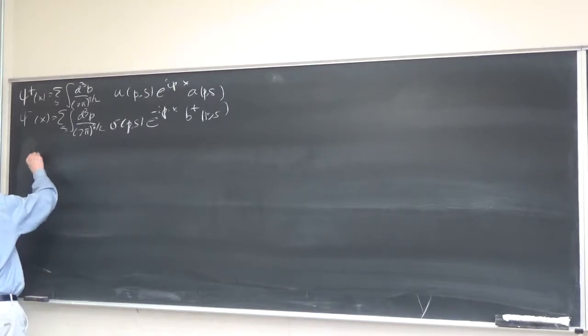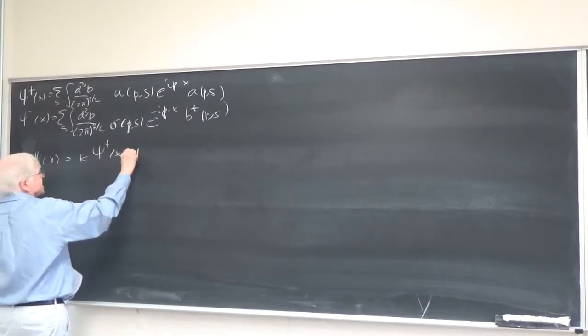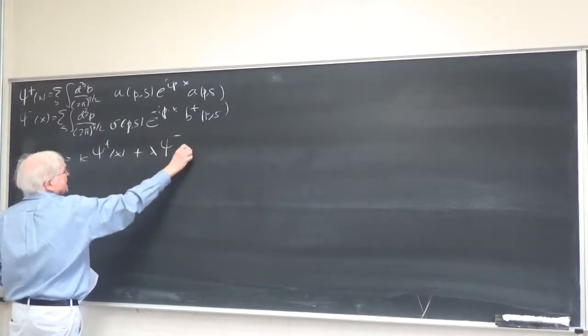So we're going to say that psi of x is some kappa psi plus of x plus lambda psi minus of x.